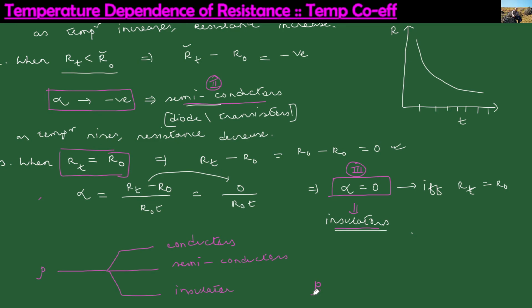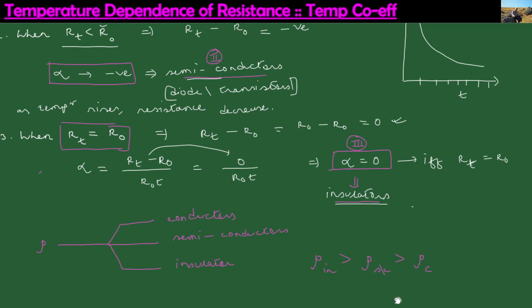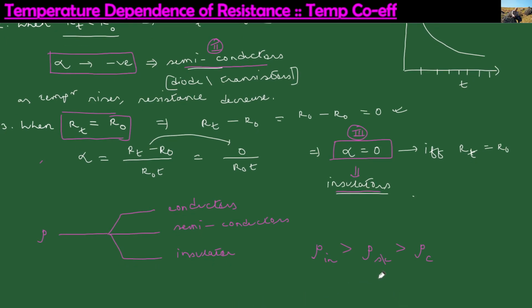The resistivity of an insulator is very large compared to the resistivity of semiconductors, and the resistivity of semiconductors is even more than the resistivity of conductors. Conductors always have the least value of electrical resistivity, and insulators will have the highest value of electrical resistivity.